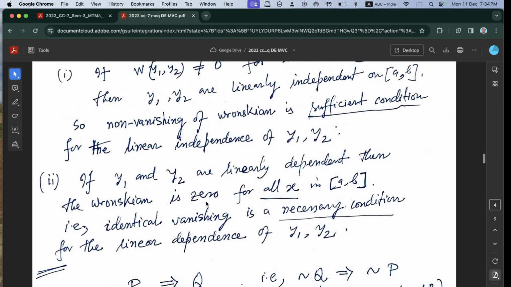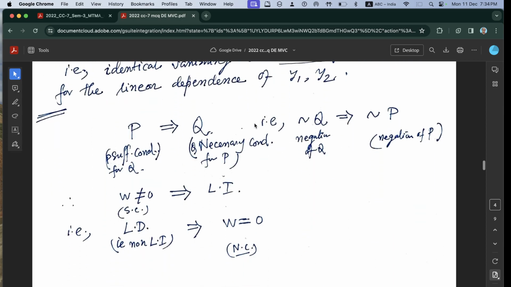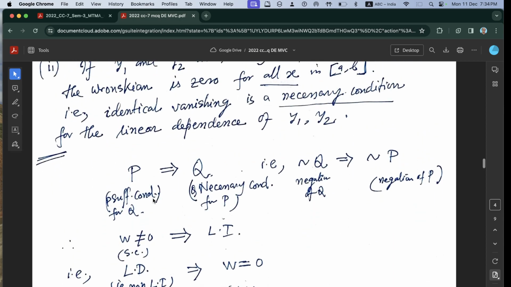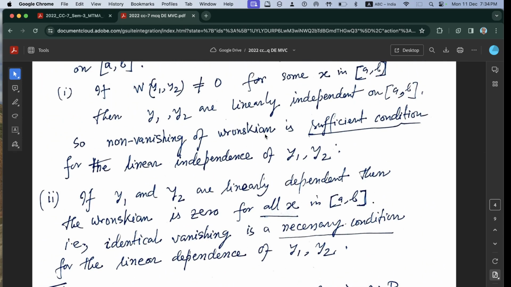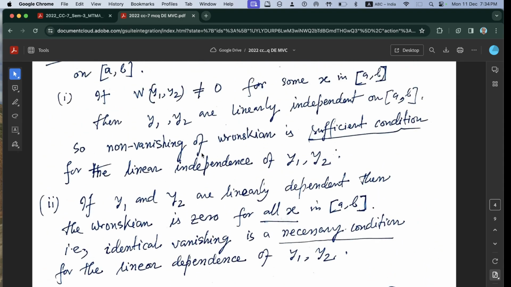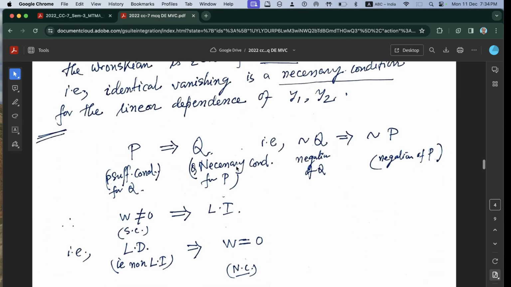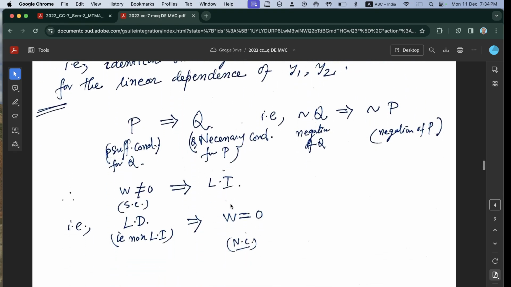Now, in the first note, this is the sufficient condition, because the Wronskian not equal to 0 implies linear independence of y1, y2. Non-vanishing of the Wronskian, W not equal to 0, then y1, y2 are linearly independent. So this Wronskian is a sufficient condition for linear independence of y1, y2. And contrapositively, not linearly independent, that is linear dependence, implies the Wronskian equal to 0.